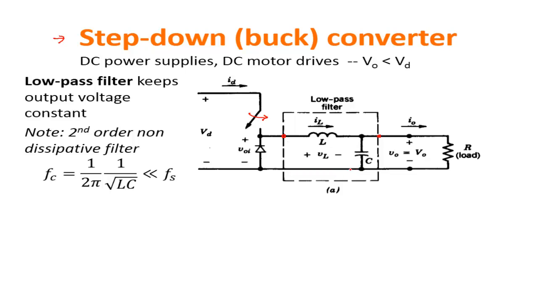You have a two-pole filter, a second order filter, with a cutoff frequency given by this expression: 1 over 2 pi times 1 over the square root of LC. It is obtained by just writing the transfer function, which is a voltage partition between C and L.